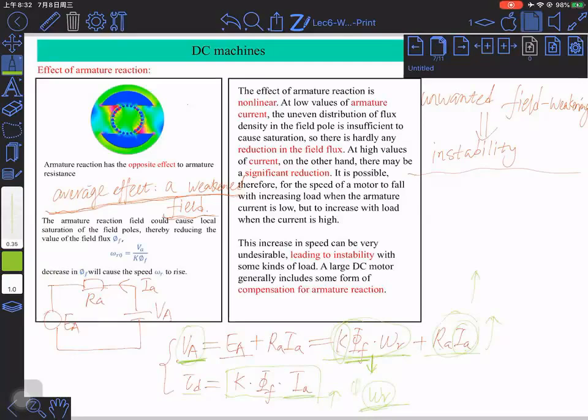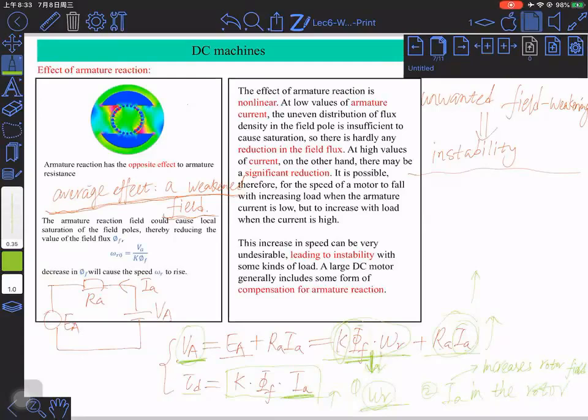The first impact of the current is to increase the speed, and the second impact is that this current is the current in the rotor. So if it becomes larger, it increases the rotor magnetic field, right? And this increased rotor field means what? A further decreased flux.